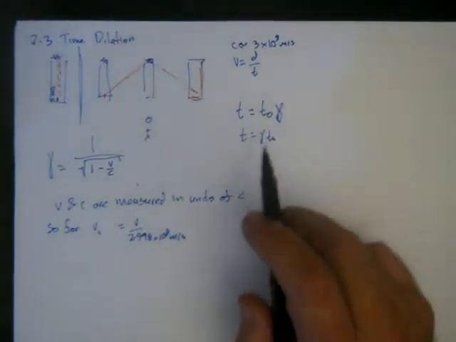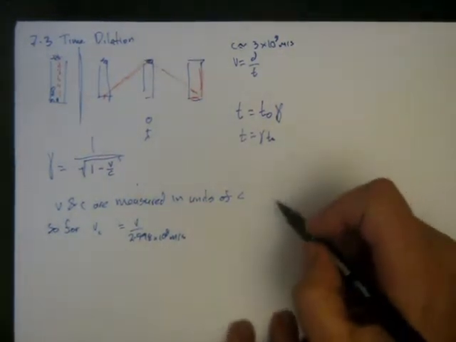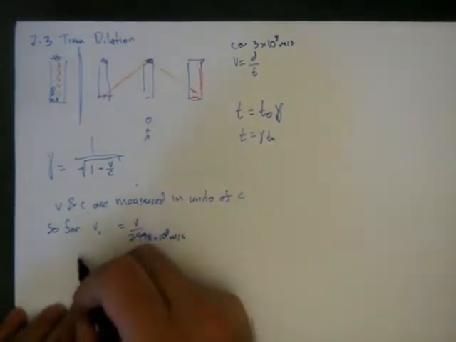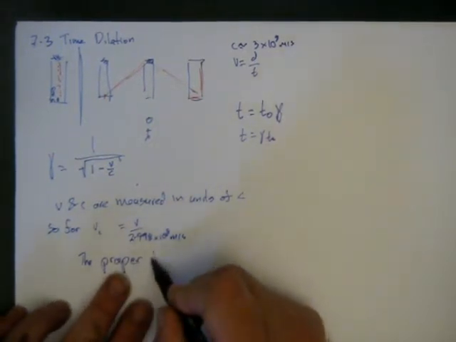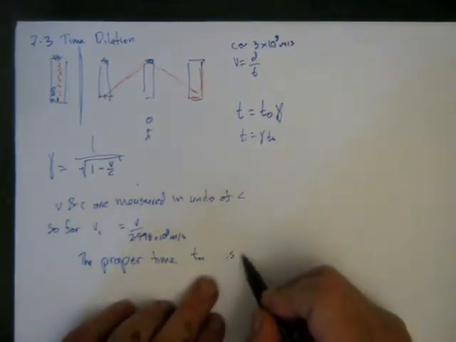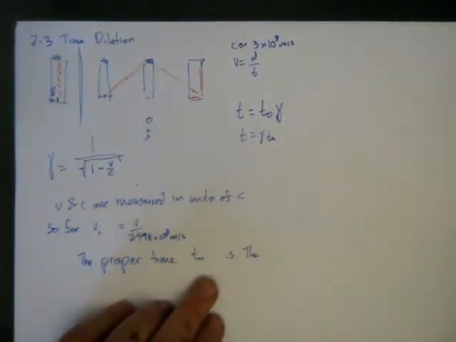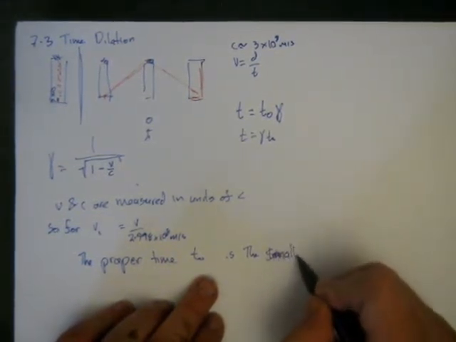So basically what we do is we take the proper time. We call that the gamma factor. It's a Lorentz transform. So what we're going to do is take the proper time, T naught, which is the least time, the smallest of the two times.